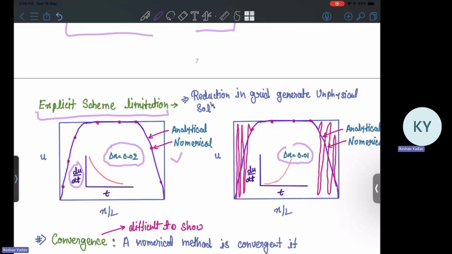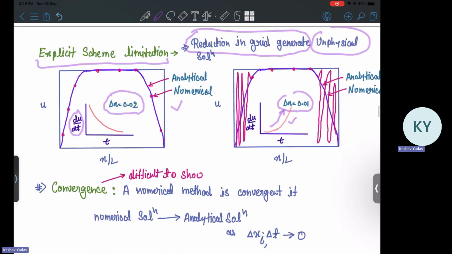Close to the boundary, we see large oscillations. This large oscillation is unphysical, and it comes due to the reduction in the grid size. We also see the derivative increases as we move forward in time. So this is an unphysical phenomenon.